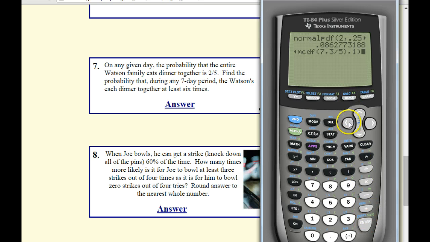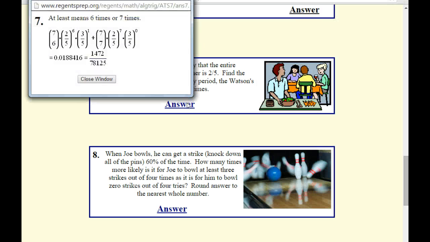Why do I have an extra? Do I have something weird? I just have a parenthesis in here somehow. Did anybody get .018? Okay. That's what they have, .018.